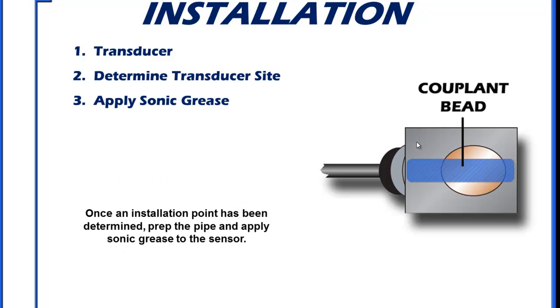The grease on the face of the transducer. All the time we get the question, how much grease do we put on the face of the sensor? Usually a tube of toothpaste, toothpaste on a toothbrush, is usually sufficient. Depends a little bit on your application. If you have a very wet pipe application, we do provide a silicone grease application.